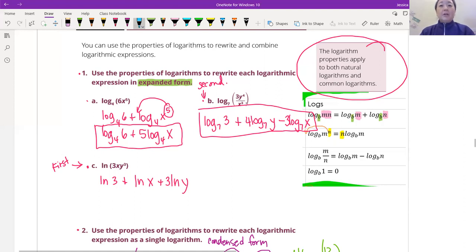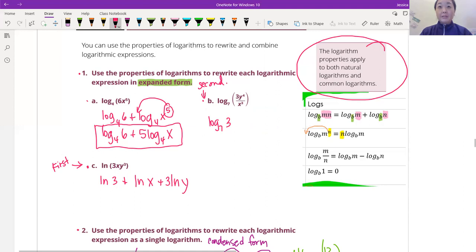If you take a look at B, I like to just always do these in order. Honestly, I'll just do these again because I think it makes more sense when I write it as I say it. So again, we're going to start with log base 7. And I know that I have a 3 there, so I'm going to separate that out. The 3 and the y are multiplying, so I know that's going to be add. And again, it's log base 7 of y to the 4th. But remember that 4 is an exponent, so I'm just going to bring it up to the front.